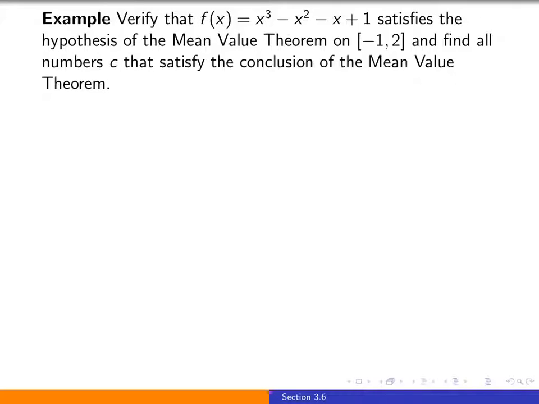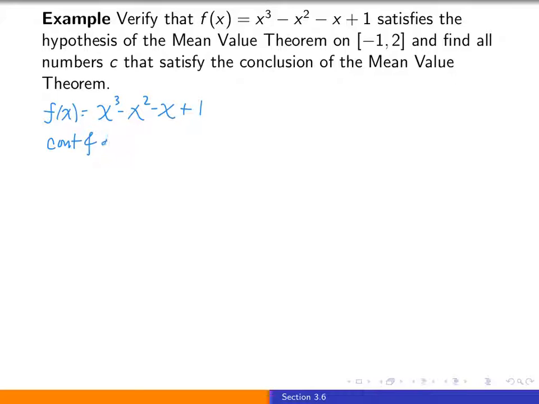Another similar example, for the function given here, this cubic, we'll verify that the mean value theorem hypotheses are satisfied on the interval from -1 to 2, and then find the number c that satisfy the conclusion. So once again, the function that we're dealing with here is rather nice. It's a polynomial function, and polynomial functions are continuous and differentiable everywhere.